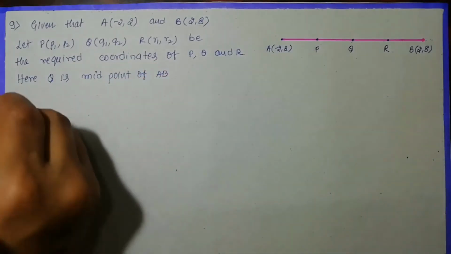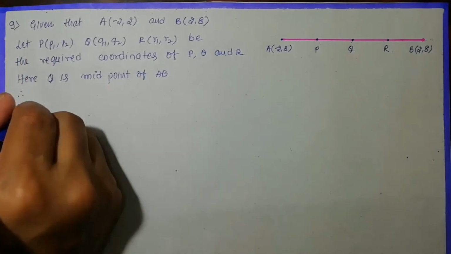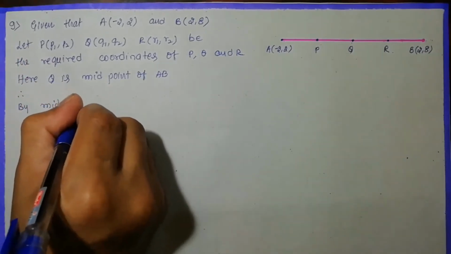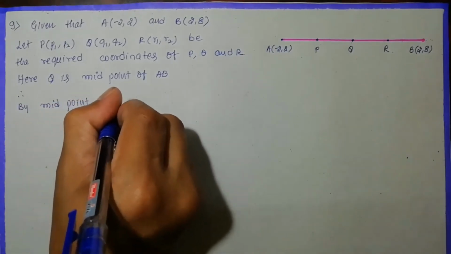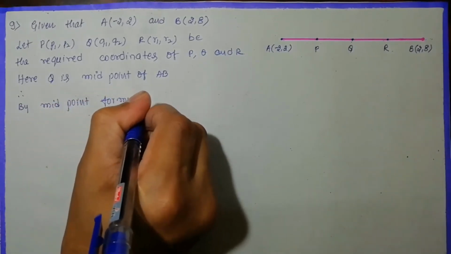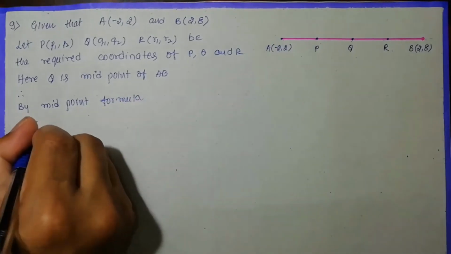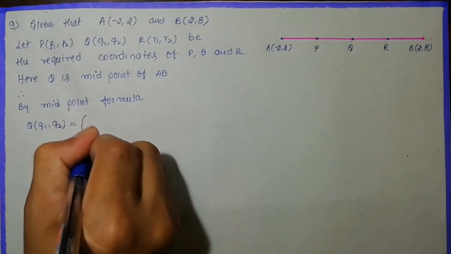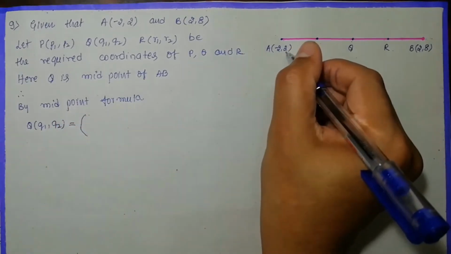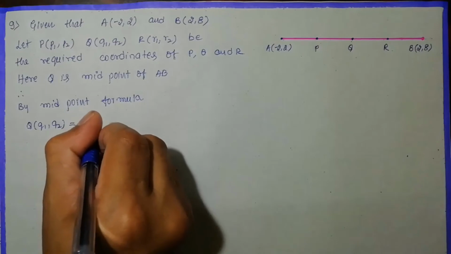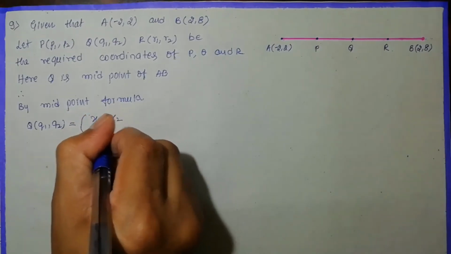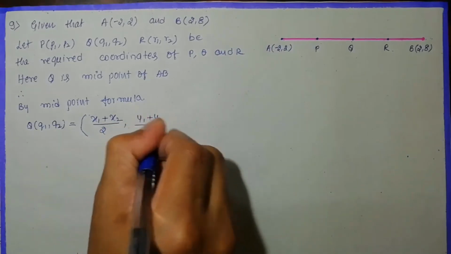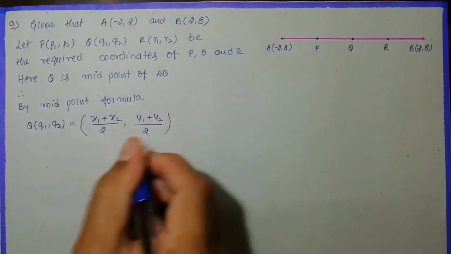Therefore, by the midpoint formula, Q of (q1, q2) is equal to, so now you have to write the midpoint formula. This is (x1, y1), this is (x2, y2). The same formula: (x1 plus x2) divided by 2 comma (y1 plus y2) divided by 2. Okay, so now look at here what will happen.